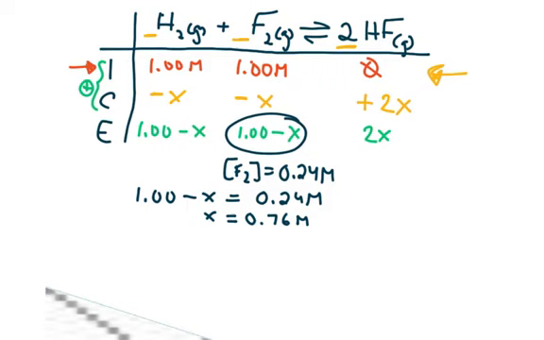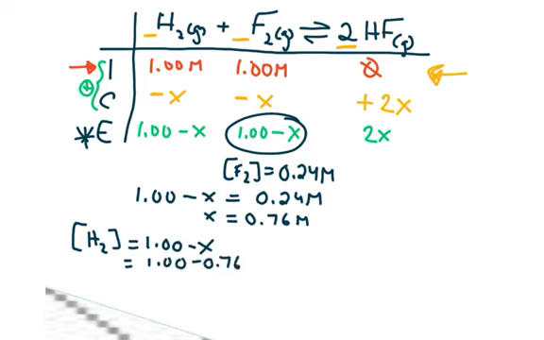Now that I know X, that's great because my whole goal is to figure out what the actual values of everything are at equilibrium. So now that I know what X is, I can substitute it back in and solve. So I just did F2. It was given. H2 is 1.00 minus X. X was figured out to be 0.76.